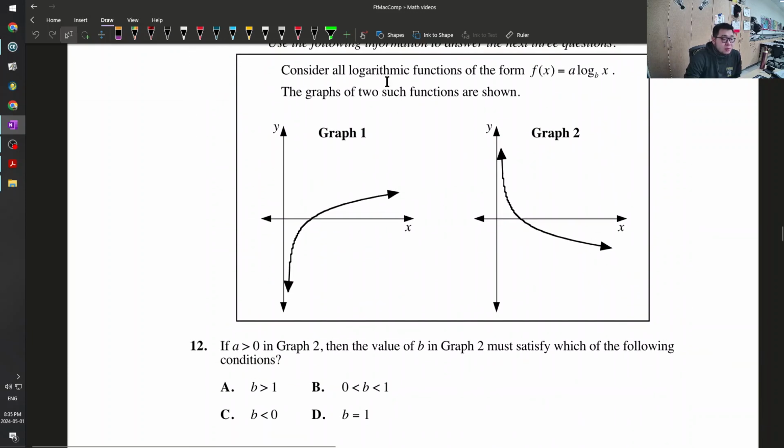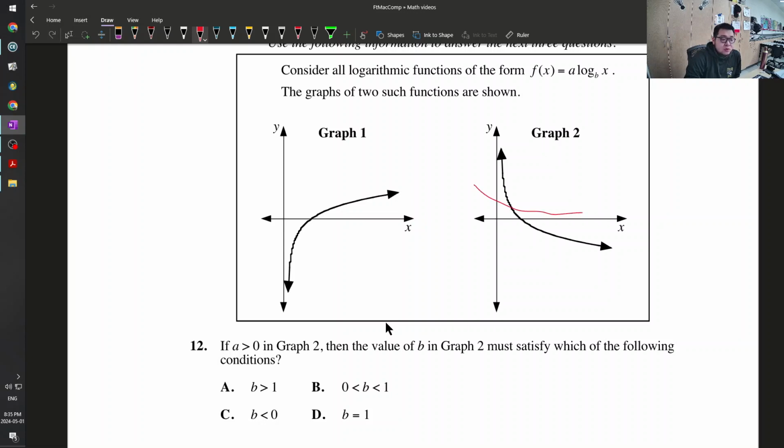Keep going. Consider all the logarithmic functions in the form of a log base b of x. The graphs of two such functions are shown. If a is greater than 0 in graph 2, then what is the value of b? So if a is greater than 0, that means there is no reflection across the x-axis.